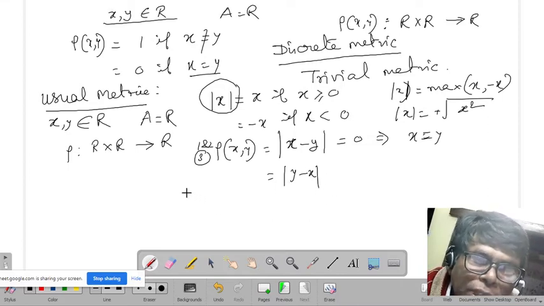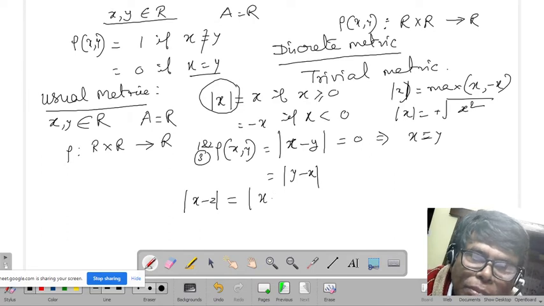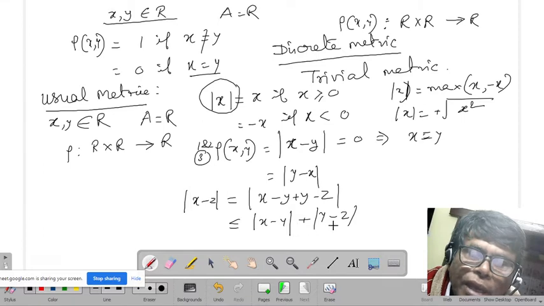How? Modulus x minus z can be written as modulus x minus y plus y minus z. Now this is less than or equal to modulus x minus y plus modulus y minus z, and this is nothing but rho of xy plus rho of yz. So rho of xz is less than or equal to rho of xy plus rho of yz.